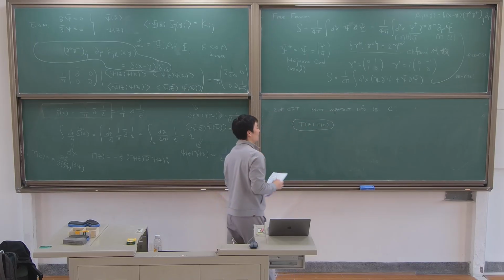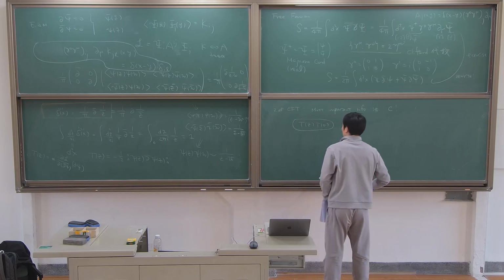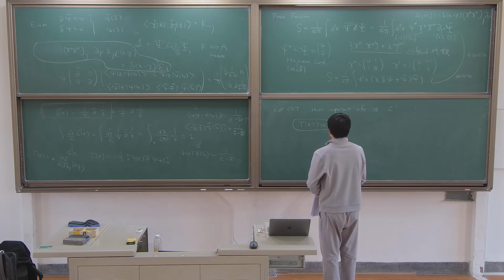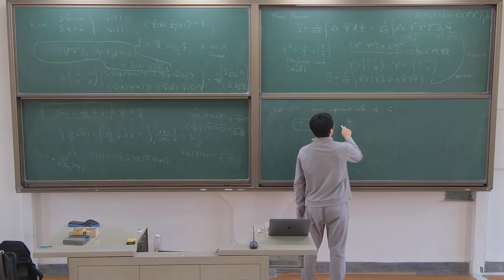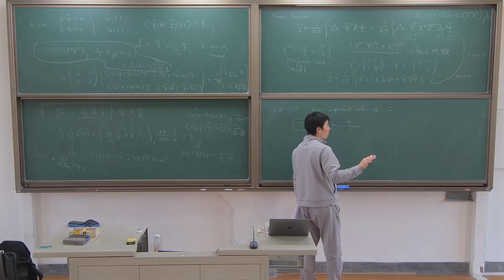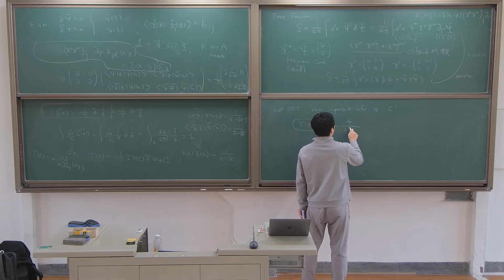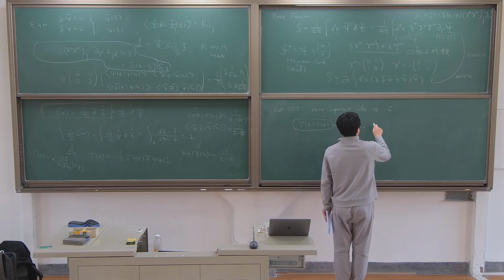But before that, let's do the simpler one. So this is supposed to have the following form: c over 2 over z to the fourth, plus 2 T over z squared.